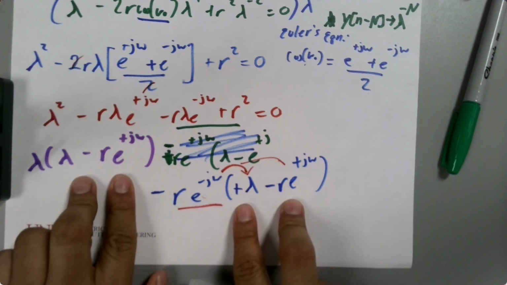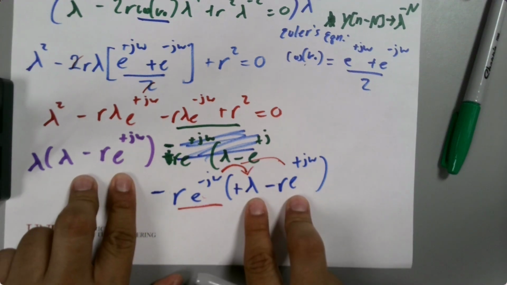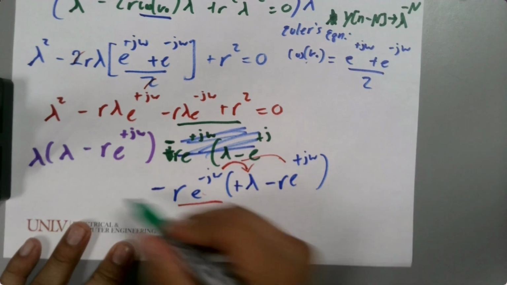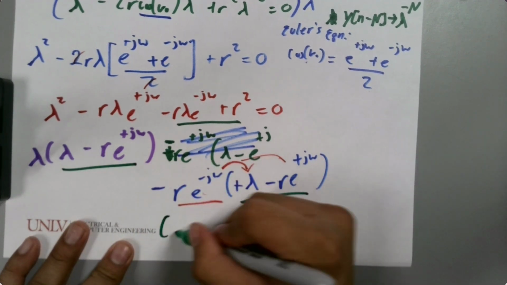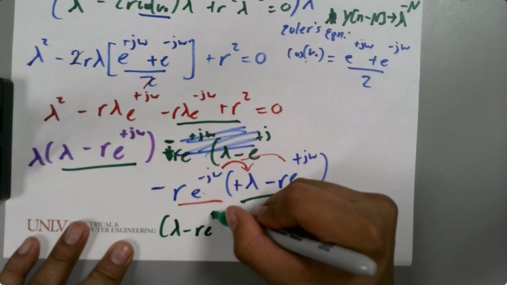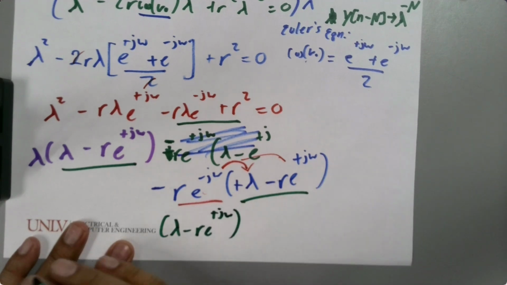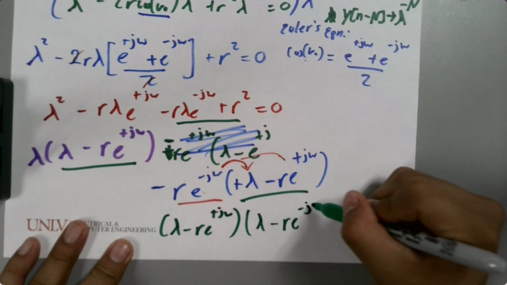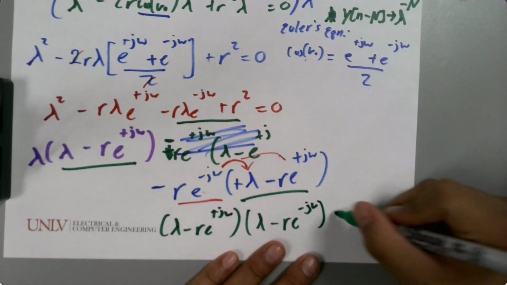And now that we have these two terms in common, we can just factor this out to give you the two poles. See this right here? Lambda minus r e to the positive j omega, the positive frequency. Lambda minus r e to the minus j omega, the negative frequency, is equal to 0.